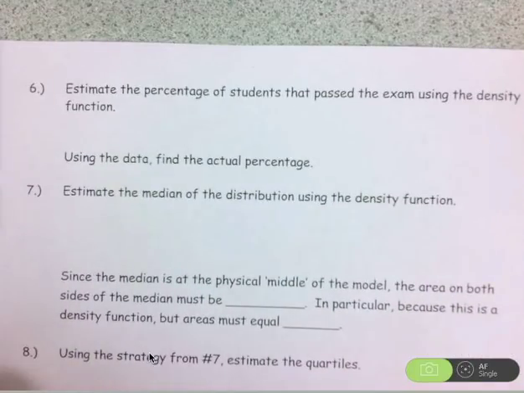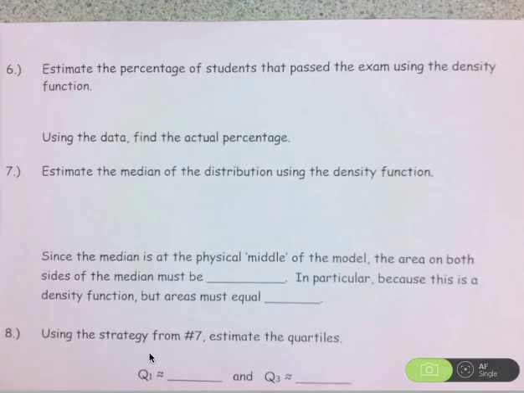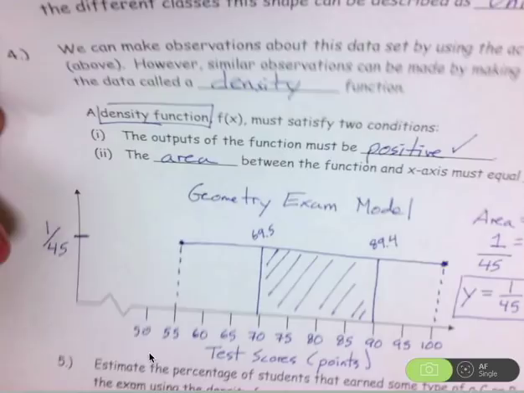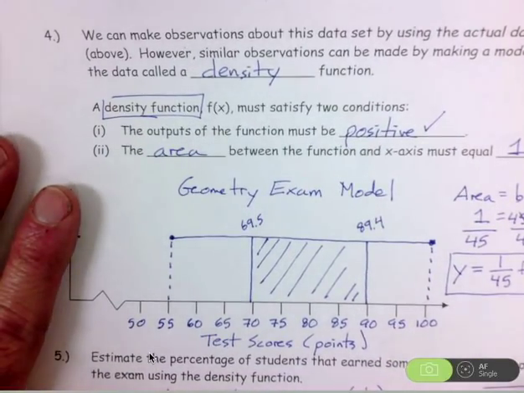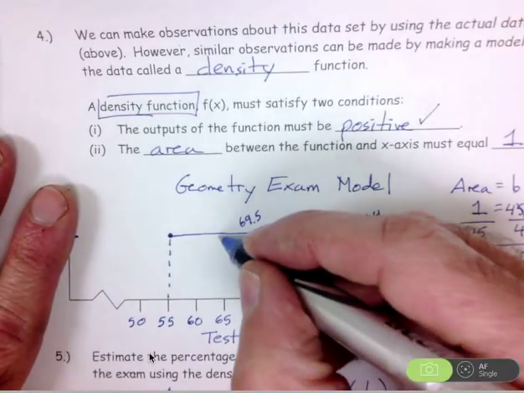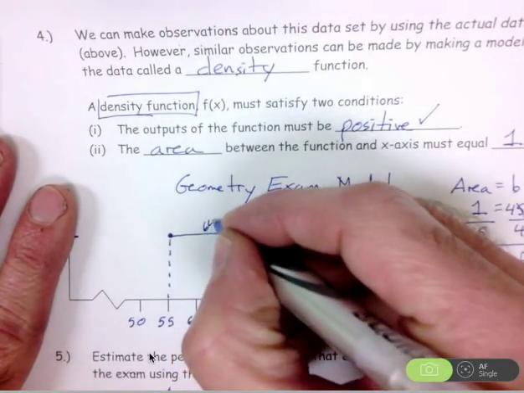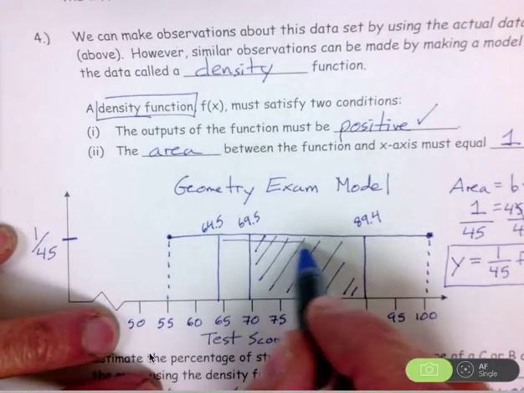On the back side here, let's estimate the percentage of students that passed the exam using the density function. Well, a passing score, if we go back to our model, would have to be higher than 65. I guess that's 64.5. So I'll put that boundary right here. Here's our 64.5, and I'm interested then in all of this area now.